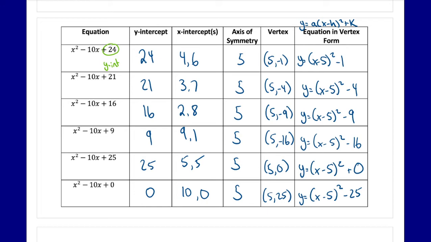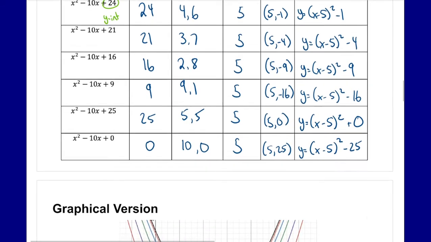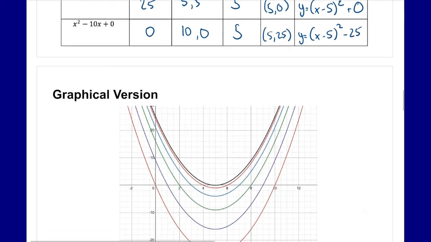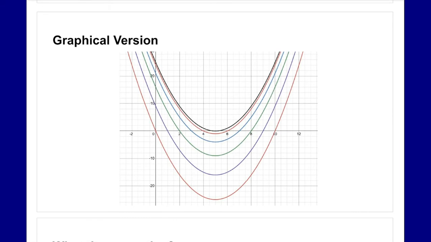Something that sticks out, maybe a pattern, or something that stays the same, or something that changes in a consistent way. What about the graphical version? Is there something we notice here?